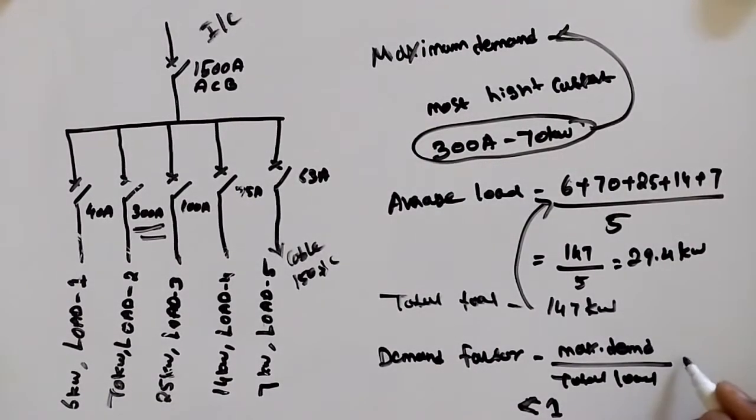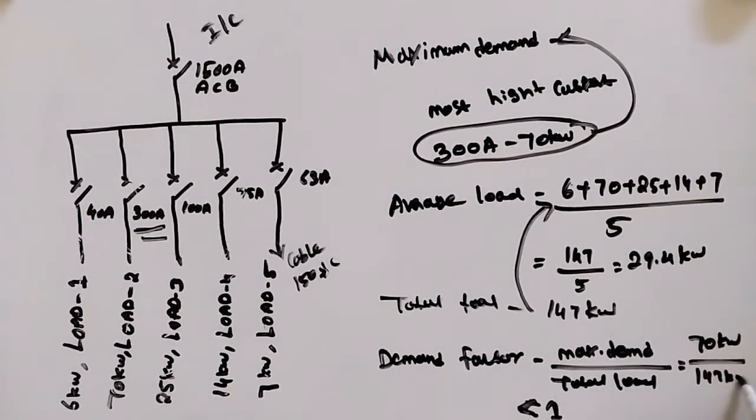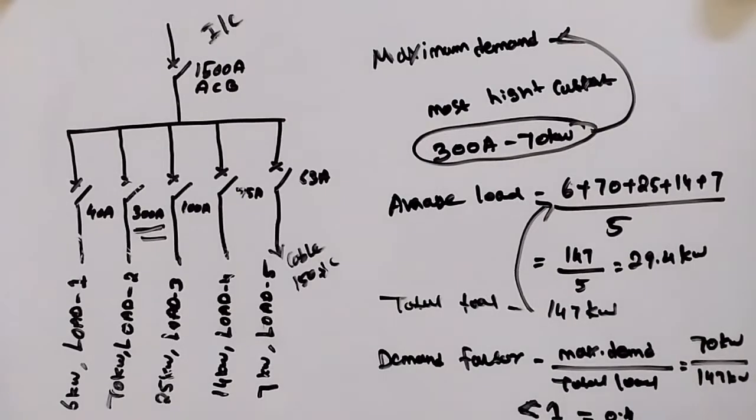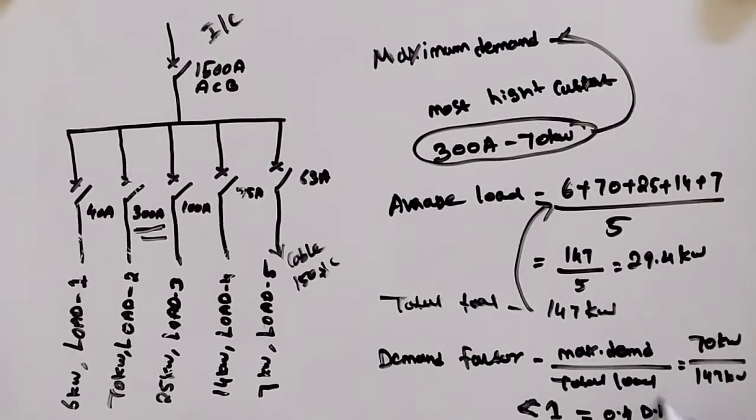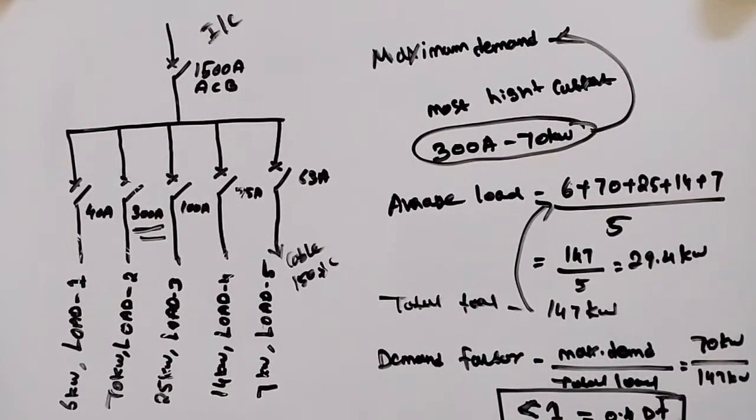Now the maximum demand is 70 kilowatts and the total load is 147 kilowatts. So we have a 0.4 demand factor. This is the demand factor.